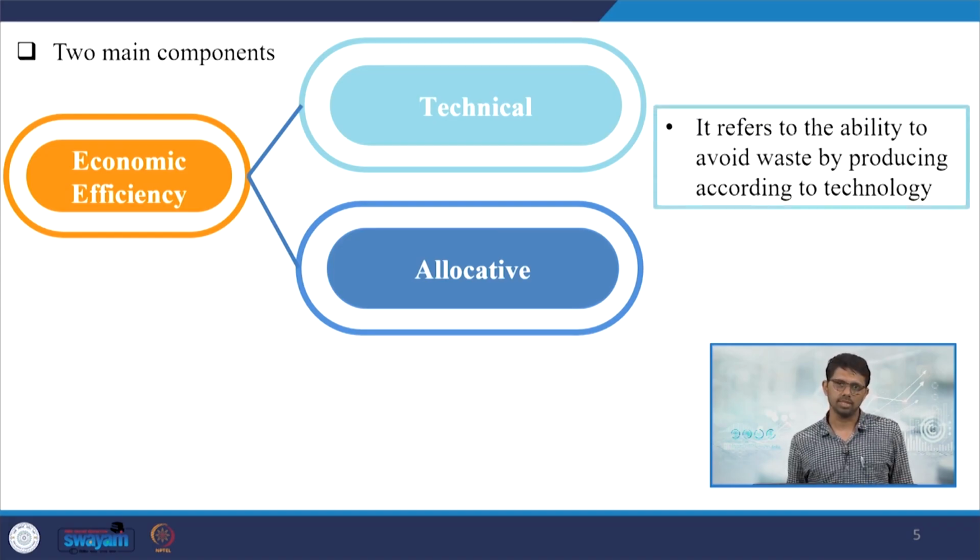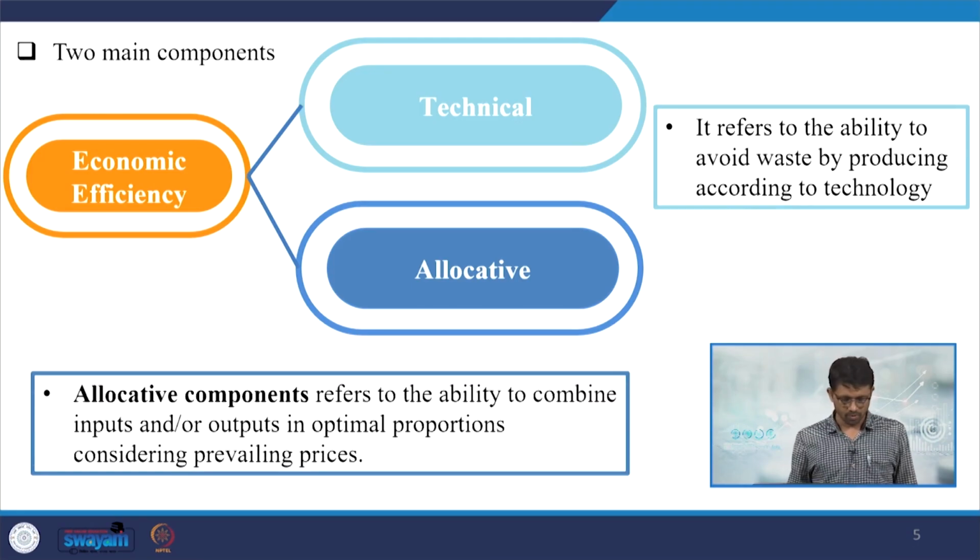We will also emphasize the meaning of economic efficiency, which is jointly defined by technical and allocative efficiency. First of all, technical efficiency refers to the ability to avoid waste by producing according to the technology. So, given the technology, how much maximum we can achieve. Whereas the allocative component refers to the ability to combine inputs or outputs in optimal proportions considering the prevailing prices. Given the price, it is referred to as the budget or the constraint.